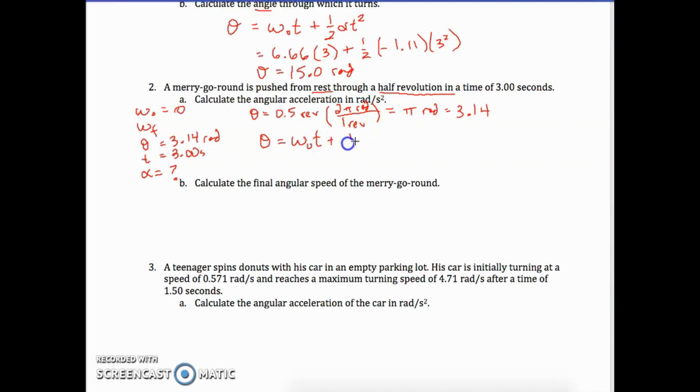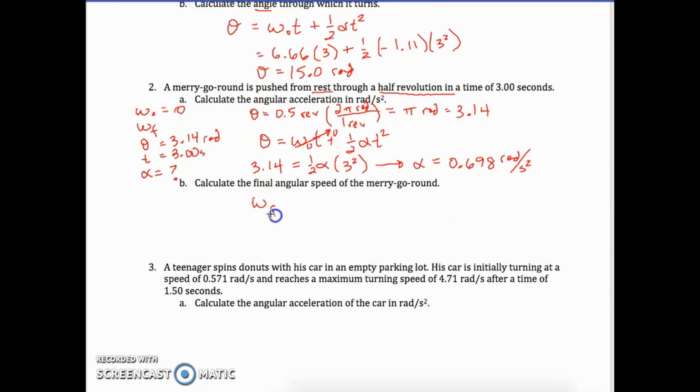So we can use the same equation that I used in part B above. First term will go to 0 because the angular speed starting out is 0. And then we have 3.14 radians, 1/2 of the angular acceleration that we're looking for, 3 squared. Couple of steps of algebra to rearrange for alpha, and you get 0.698 radians per second squared.